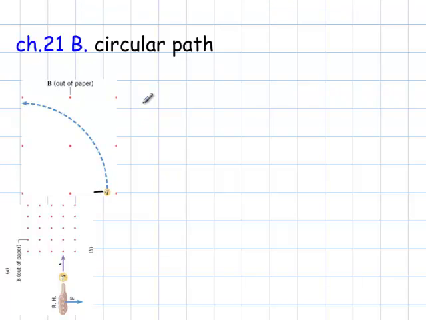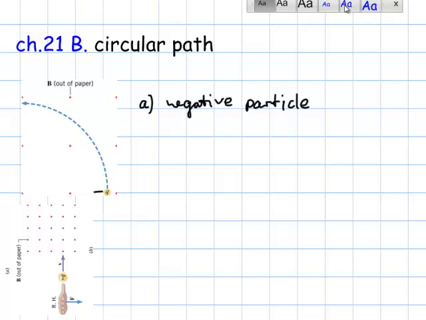This one is a negative particle because the force points in the other direction. And I actually should have typed that, then I wouldn't have this strange handwriting. So negative particle, I think I'm going to type here.